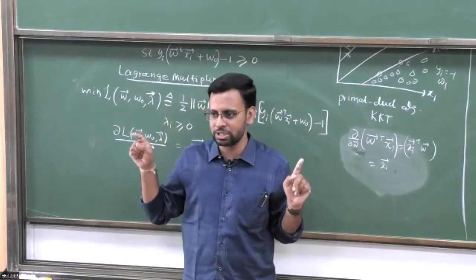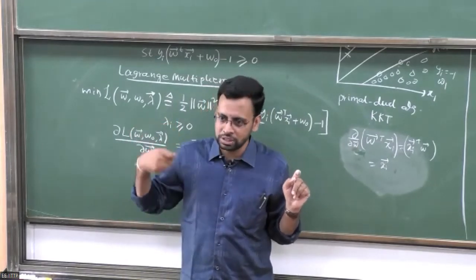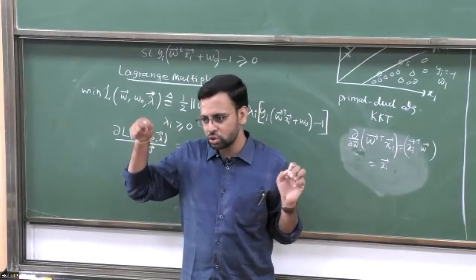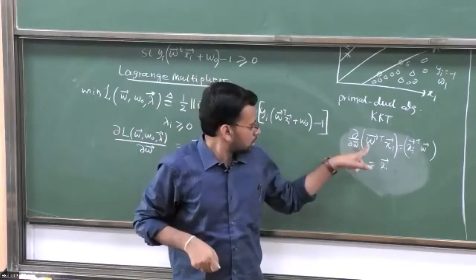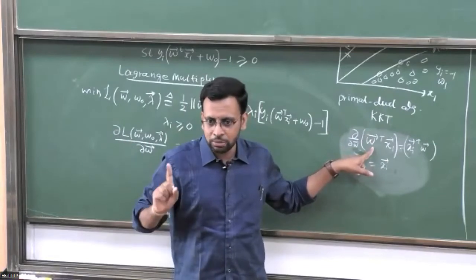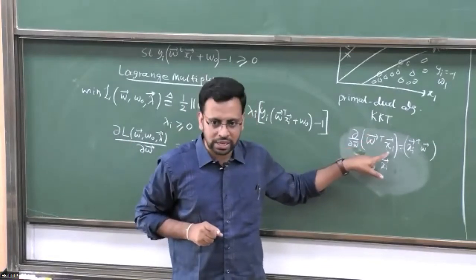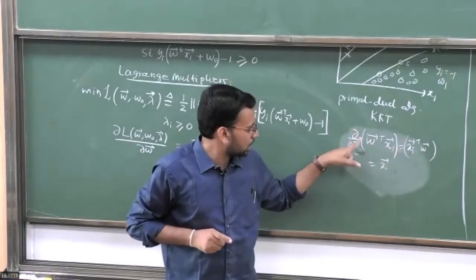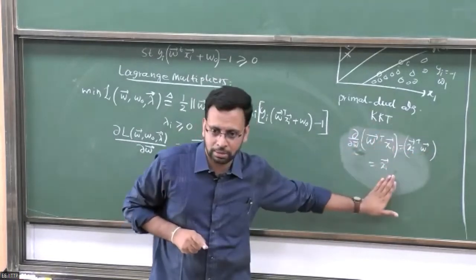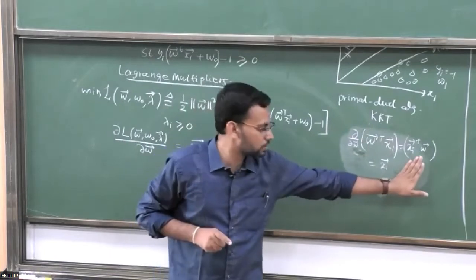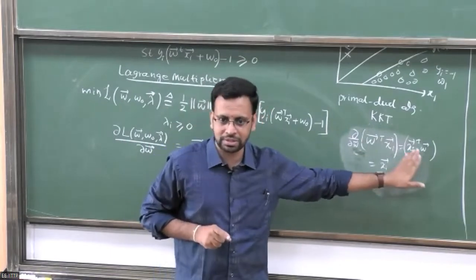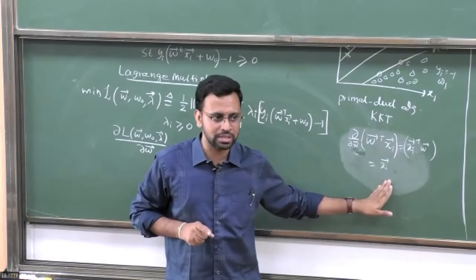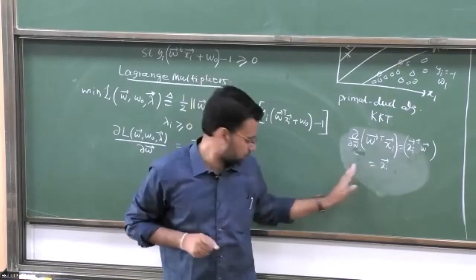W bar transpose W bar, if you take the derivative with respect to W bar, what you get is 2W bar. We are just talking about vectors here. W bar transpose Xi bar is equal to Xi bar transpose W bar. If you take the derivative with respect to W bar, only Xi bar would remain. Even if you see it, don't panic. This is the same as this. Is it clear? Good.